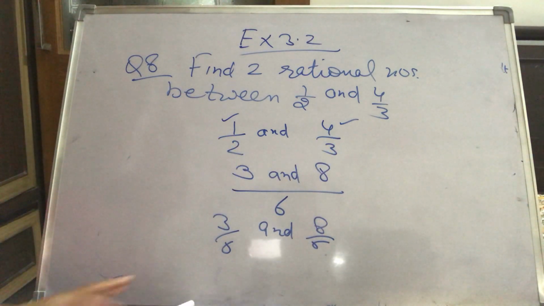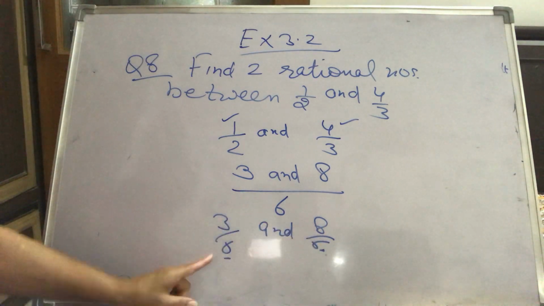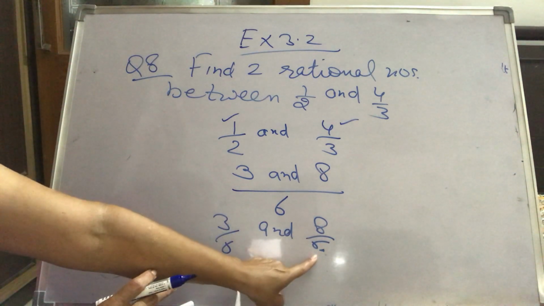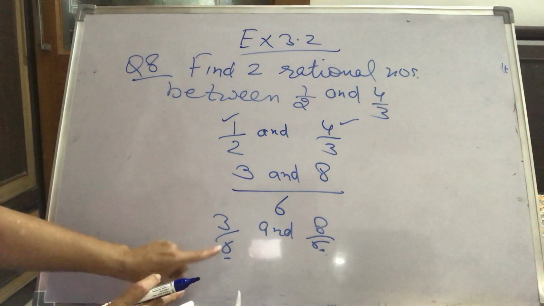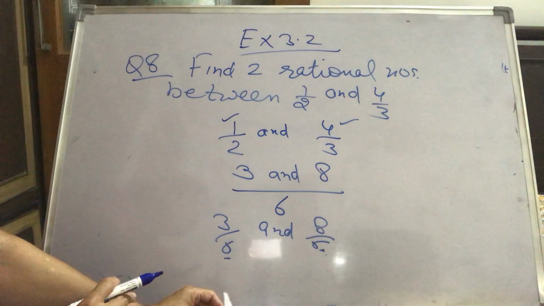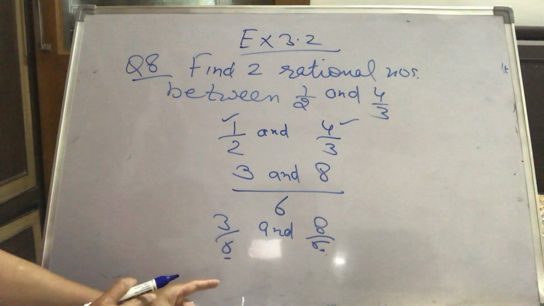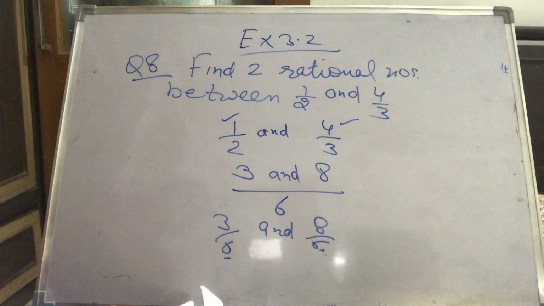Now, these two rational numbers have the same denominator, 6. Between 3 by 6 and 8 by 6, we have 5 rational numbers. We can write any two of them. We have 4 upon 6, 5 upon 6, 6 upon 6, 7 upon 6.